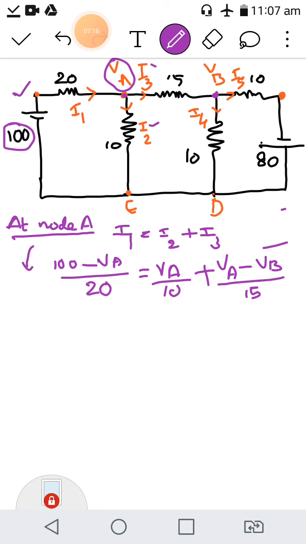Here, for writing the value of I3, it is flowing between VA and VB. So VA minus VB by 15 will be I3. So by observation you can write. Now what you need to do is take the LCM of this.